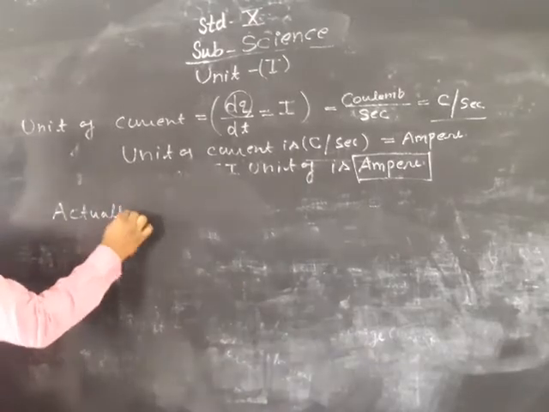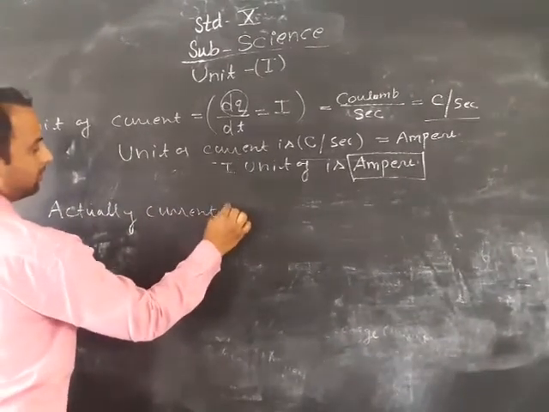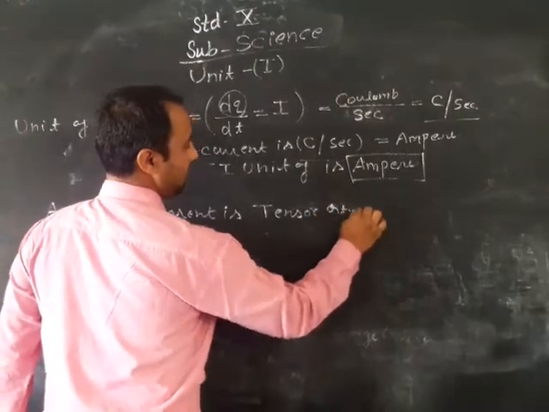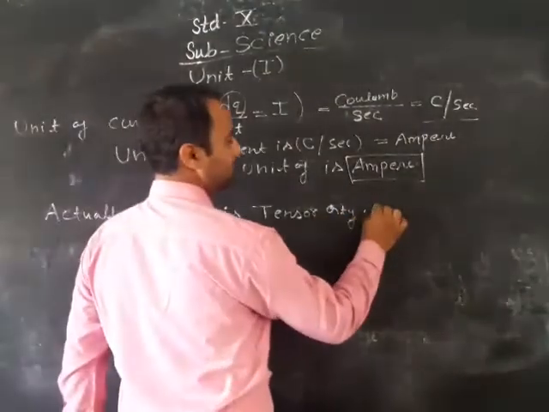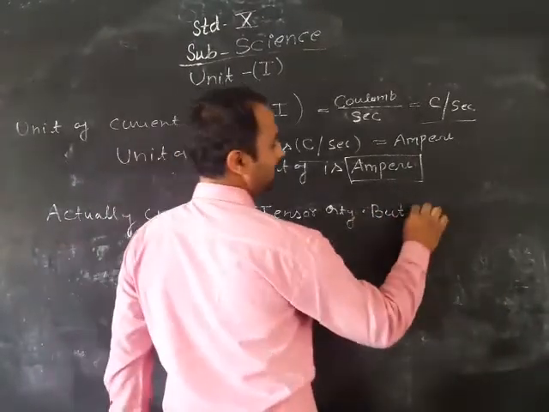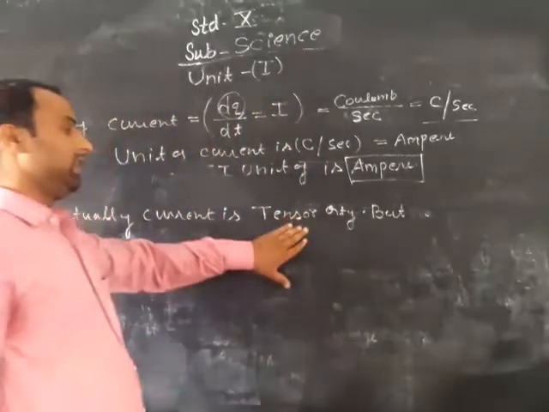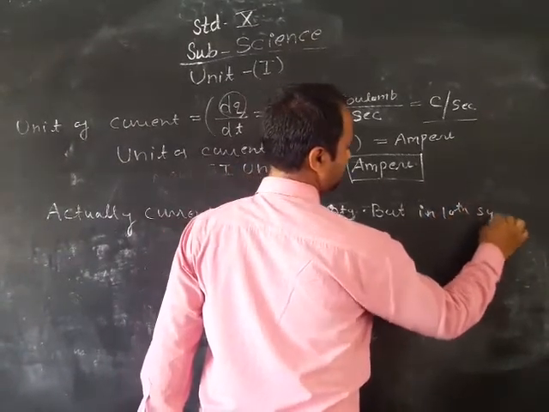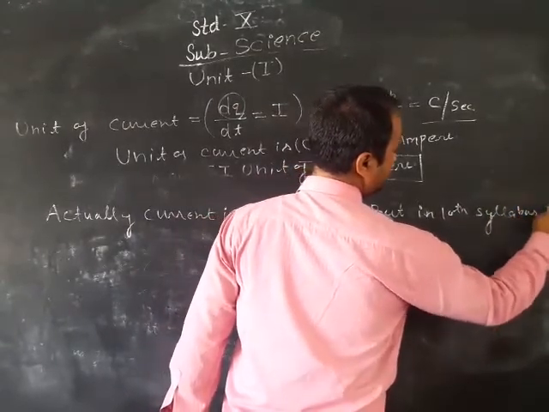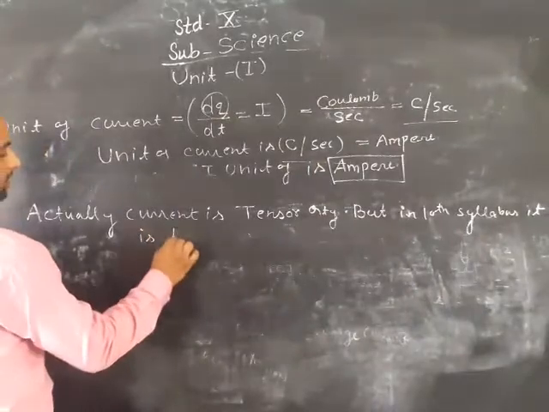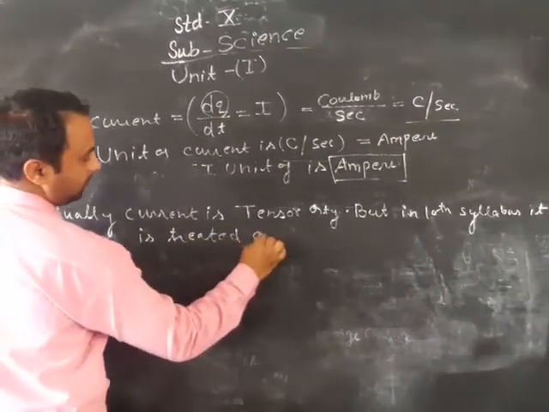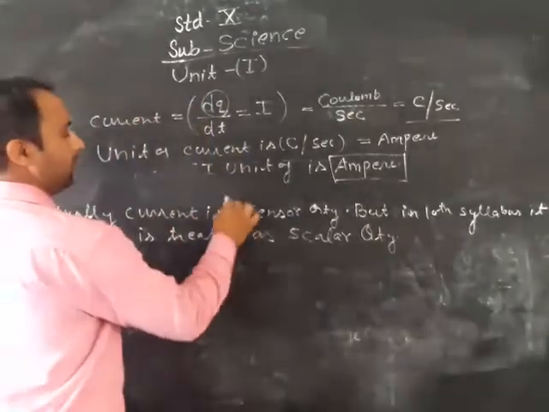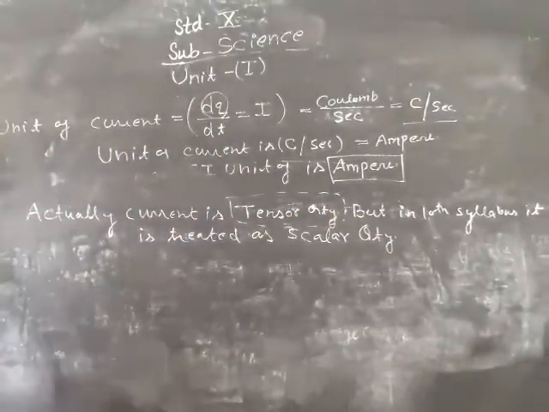Actually, current is a tensor quantity, but in the 10th syllabus it is treated as a scalar quantity, because at the 10th level we have no idea about tensor quantities.